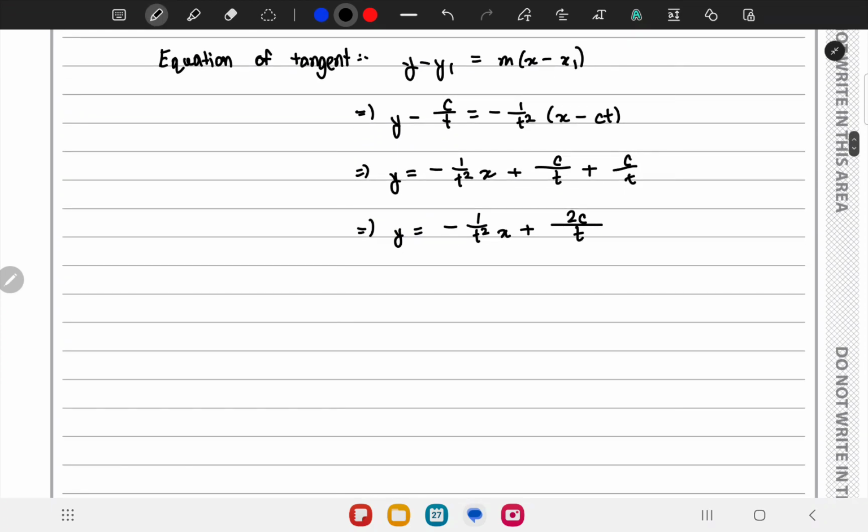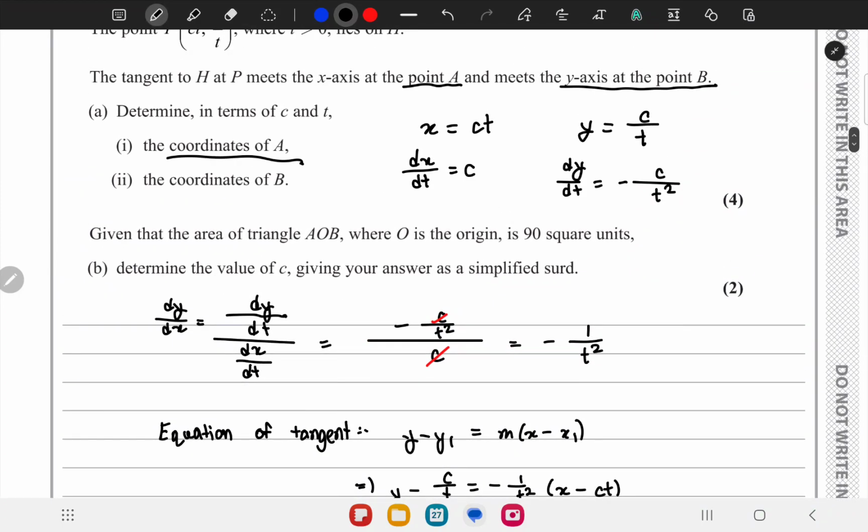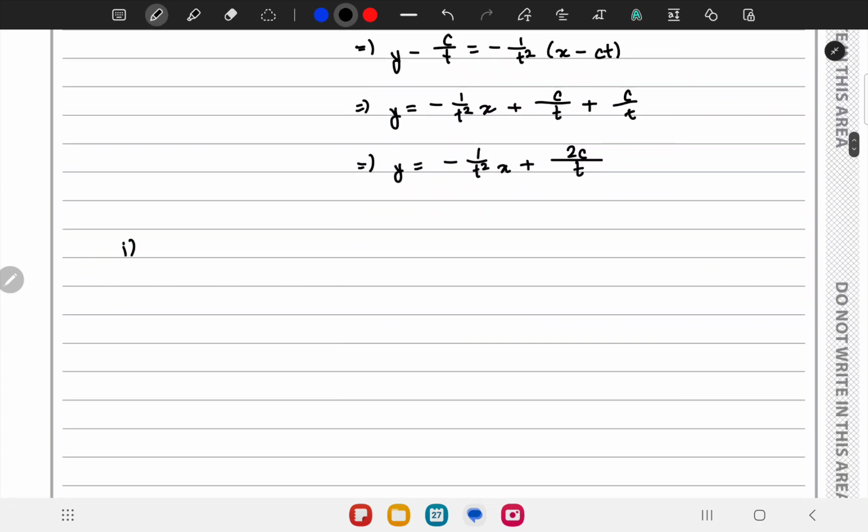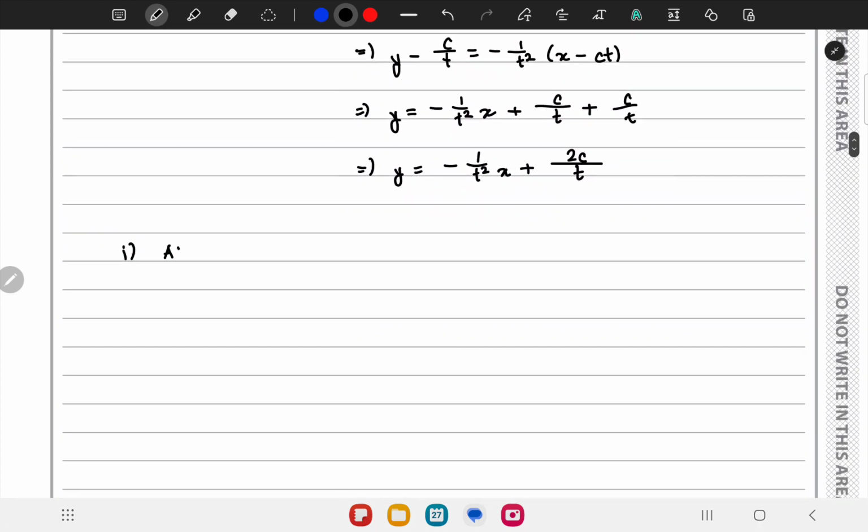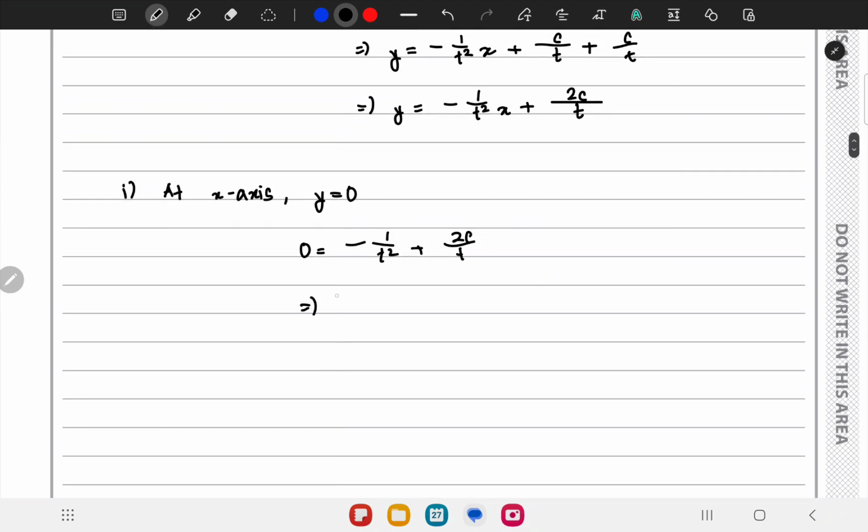Now we have to find A, the point at which it meets the x-axis. So at the x-axis the value of y would be 0. So 0 equals minus 1 by t square x plus 2c by t. So 1 by t square x equals 2c by t.